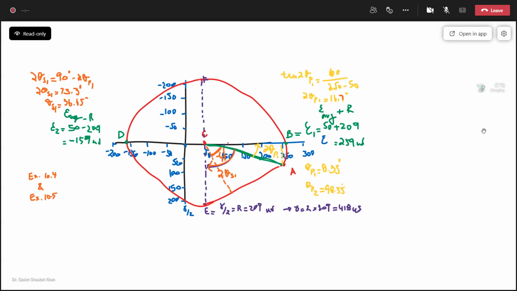The coordinates of this point will be 180 microstrains, comma, and on the vertical you can have 120.